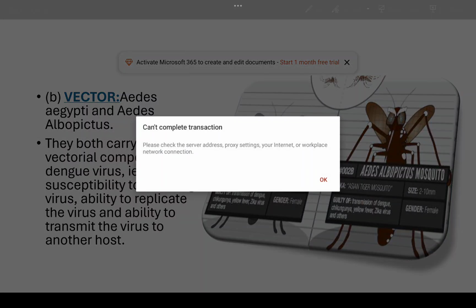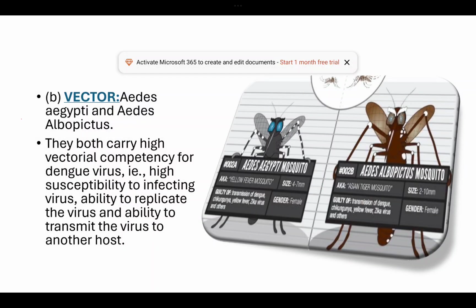The vectors Aedes aegypti and Aedes albopictus are the ones that carry high vectorial competency for dengue virus. So, the Aedes aegypti mosquito and the Aedes albopictus mosquito. Aedes is easy to remember, right?